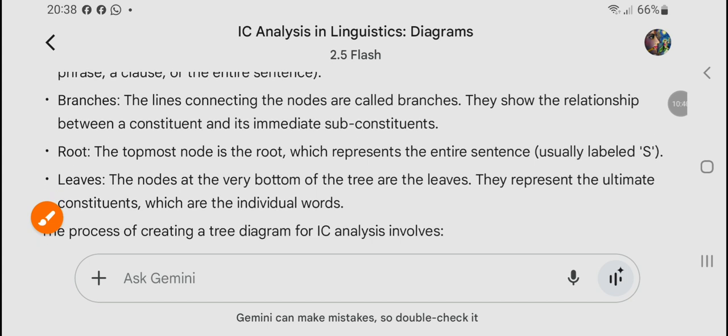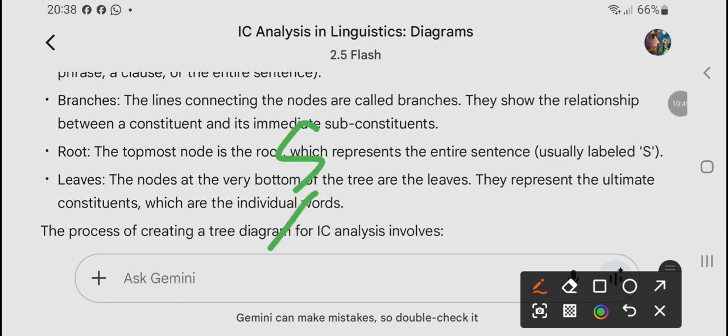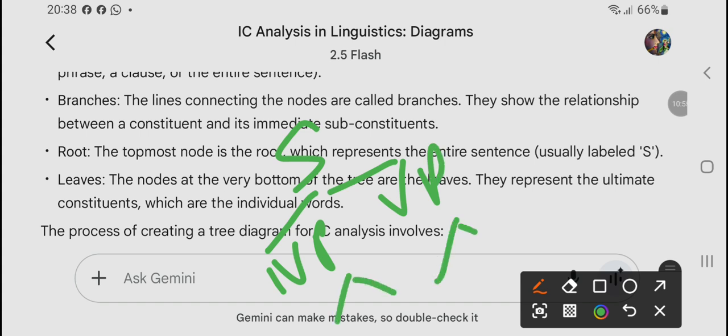The lines connecting the nodes are called branches. So here, suppose this is the sentence, then again a noun phrase, right, a verb phrase. So these are the lines, they show the relationship between the constituents. These are the branches.